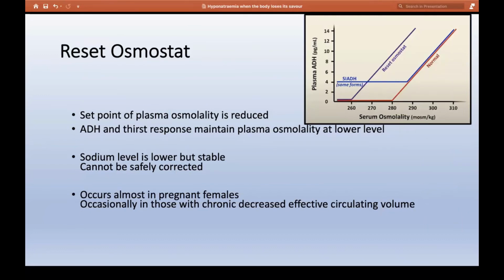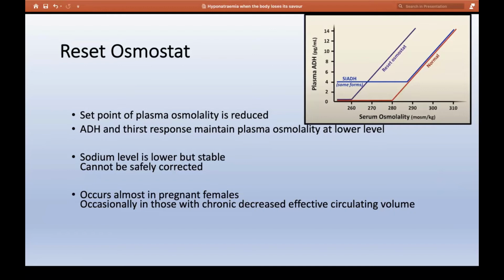There is a condition called reset osmostat, where sometimes in the body, the stimulus to secrete ADH is made at a lower osmolality. The set point of serum osmolality is reduced, and therefore sodium level is lower, but usually this is stable most of the time, and it cannot be corrected.